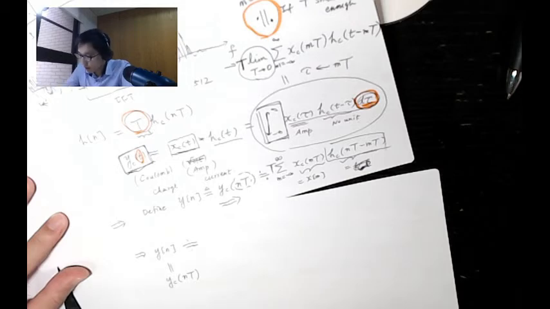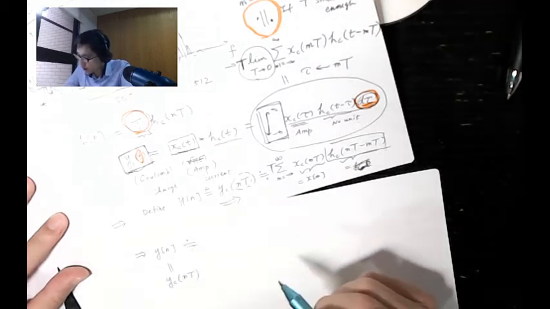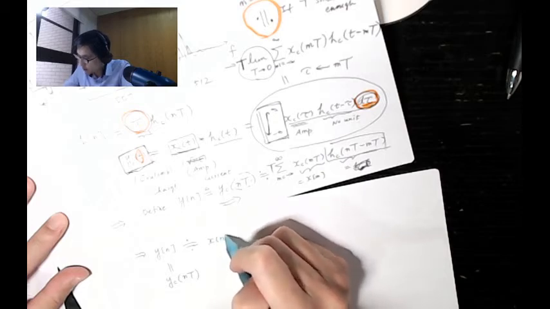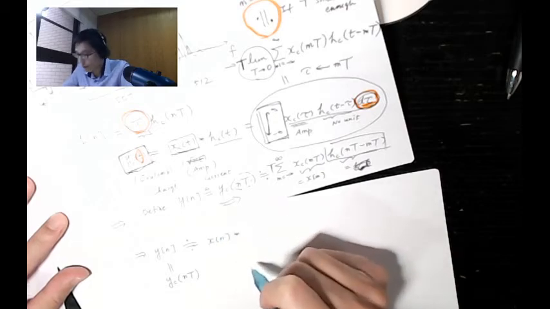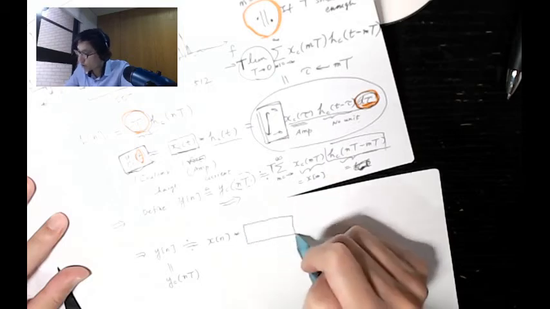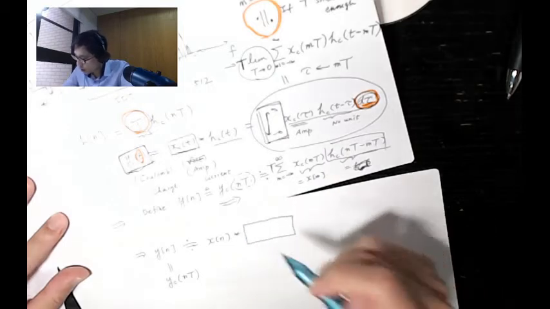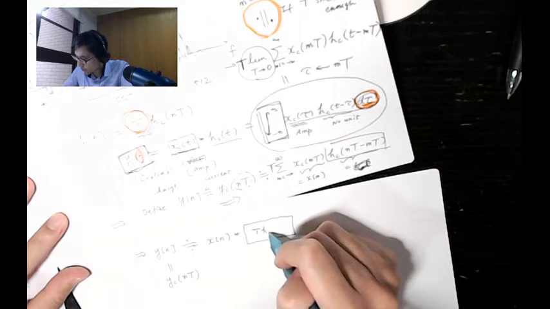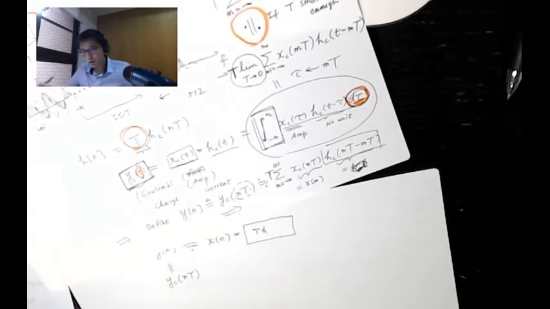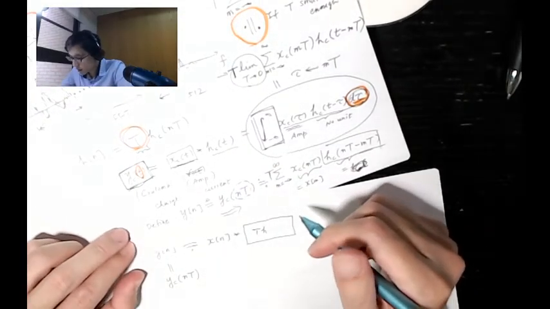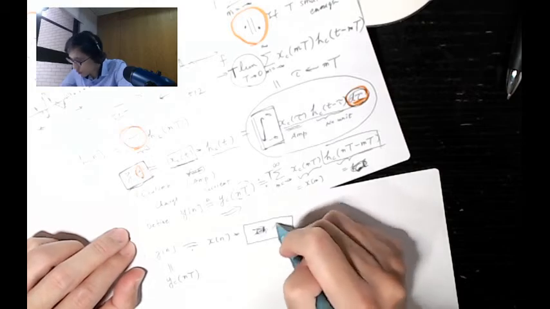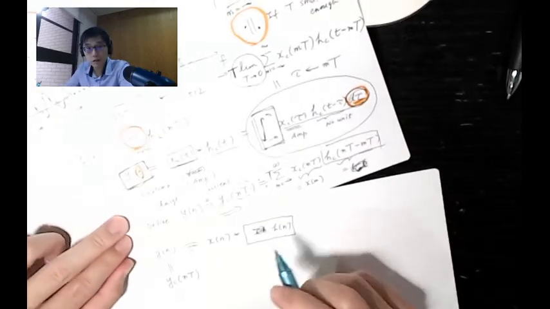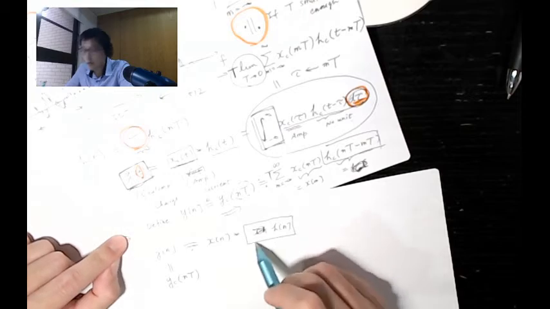The result really is approximately h of n convolved with something, and that thing over here is t times h of, let's say, we are convolving with, let us just denote what we convolve here by h of n.